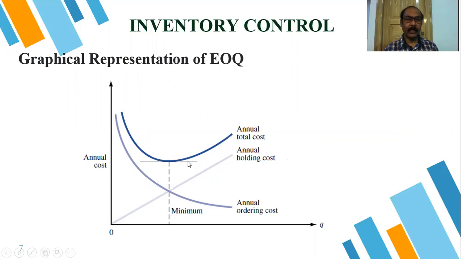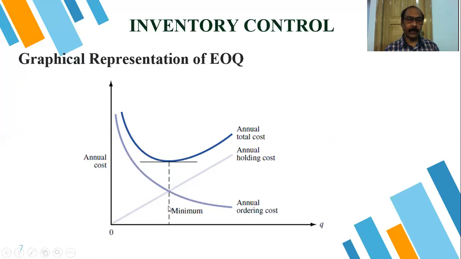If we draw a horizontal line that is the tangent at this point, and draw a perpendicular from that point. This is the curve of the annual ordering cost. The cost related to placing the order is the ordering cost, and the total annual cost for ordering the particular item. This straight line is the annual holding cost. So the annual holding cost and the annual ordering cost intersect at this line.